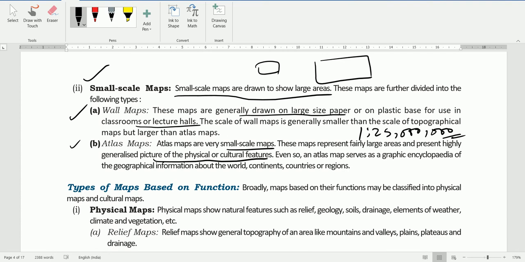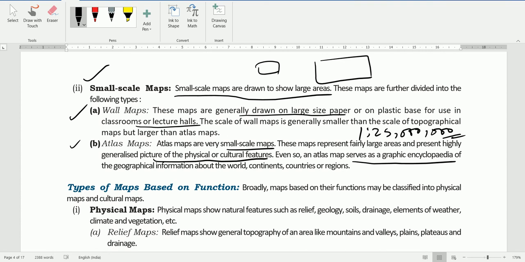Even so, atlas maps serve as a graphic encyclopedia of geographical information about the world, continents, countries, or regions. We have known that atlas maps represent a highly generalized picture of physical or cultural features, but we cannot ignore the significance of atlas maps.